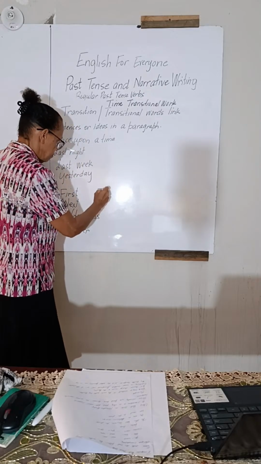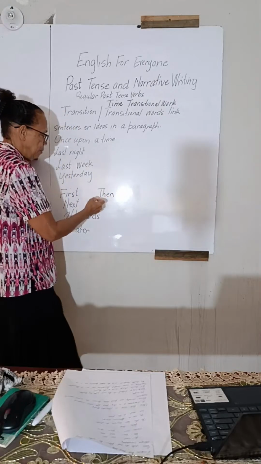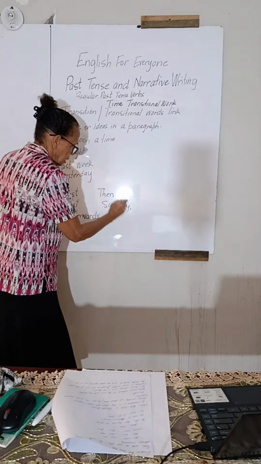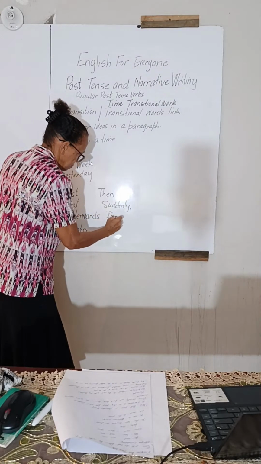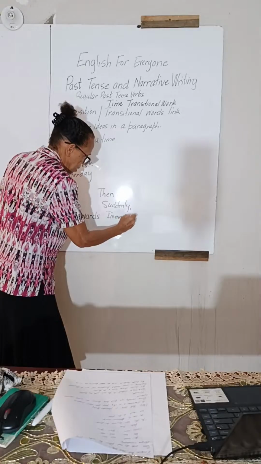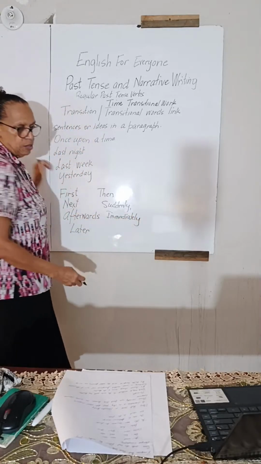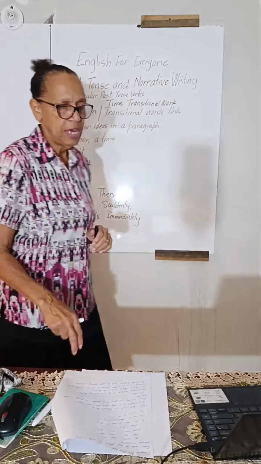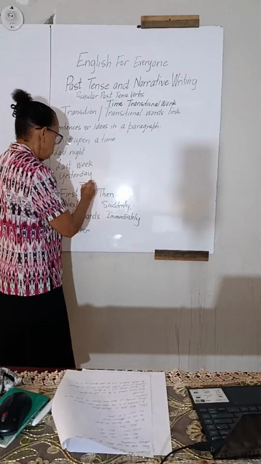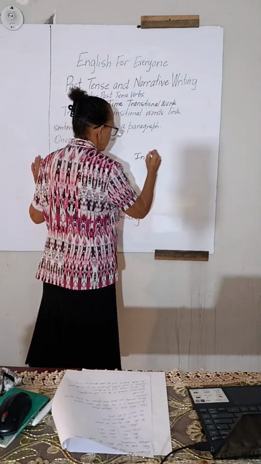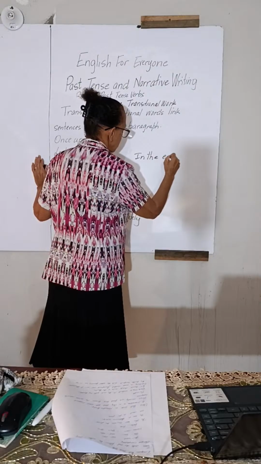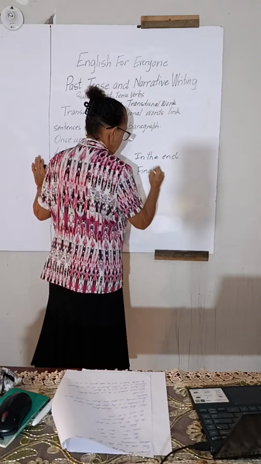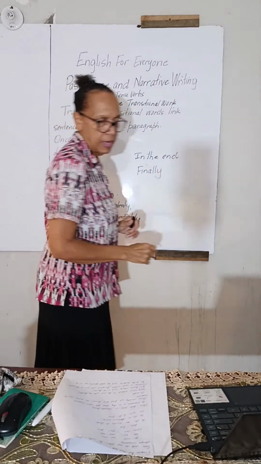Next, then you can put in some word like suddenly, immediately, and these can go into the middle of your paragraph. Then for the ending part, you can write in the end, finally, at last.